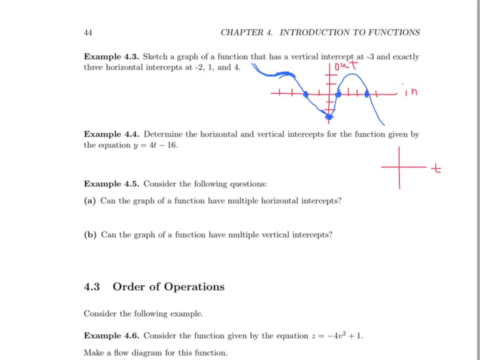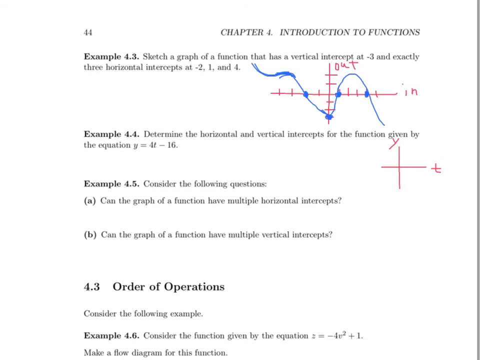The vertical axis represents the outputs, and they are represented by the letter y. So in this particular case, the horizontal intercepts will be t values because it represents values that are on the t-axis. Vertical intercepts are going to be particular values of y in this case.